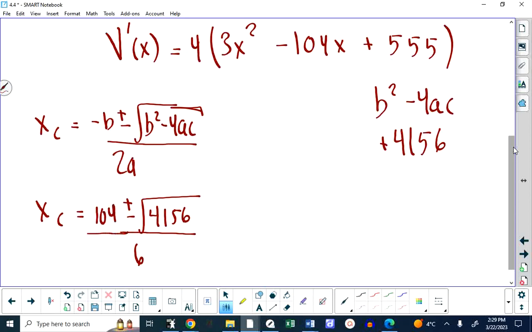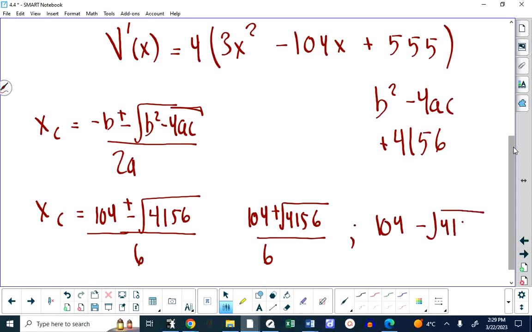Is root 4156 more than or less than 104? It's less. So we actually have two valid positive numbers. One of them will be 104 plus root 4156 over 6, and the other will be 104 minus root 4156 all over 6.